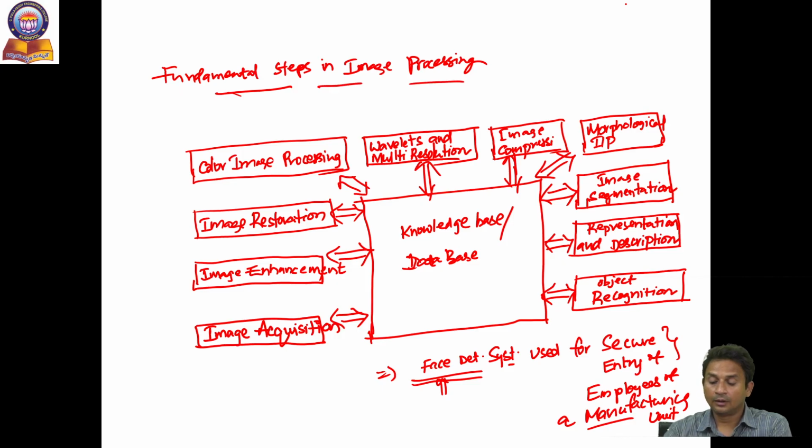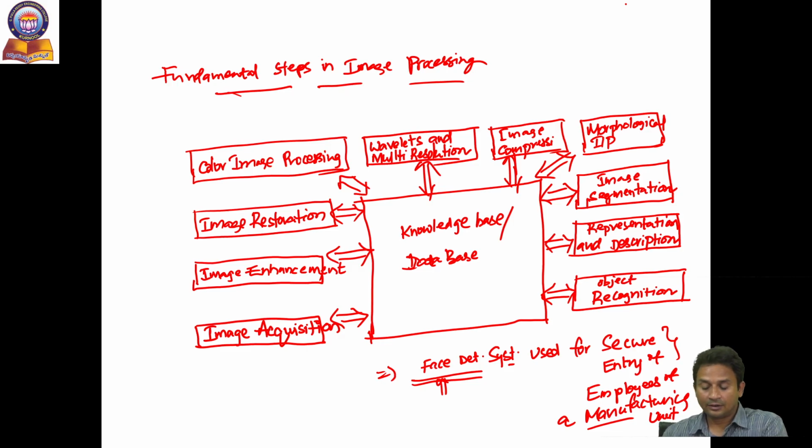Right. So depending on the application, the type of images we capture will be different. For example, in the case of a face detection system, we'll be capturing the faces. If it is an iris recognition system, the images will be the iris of the person.